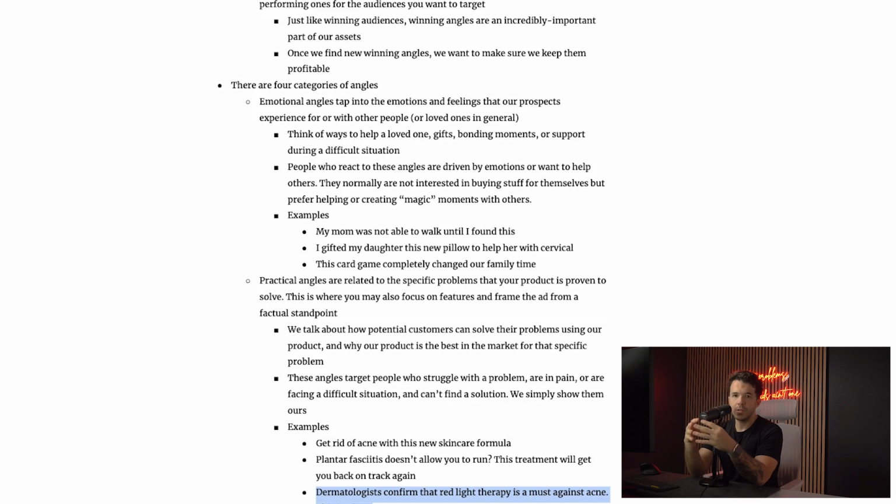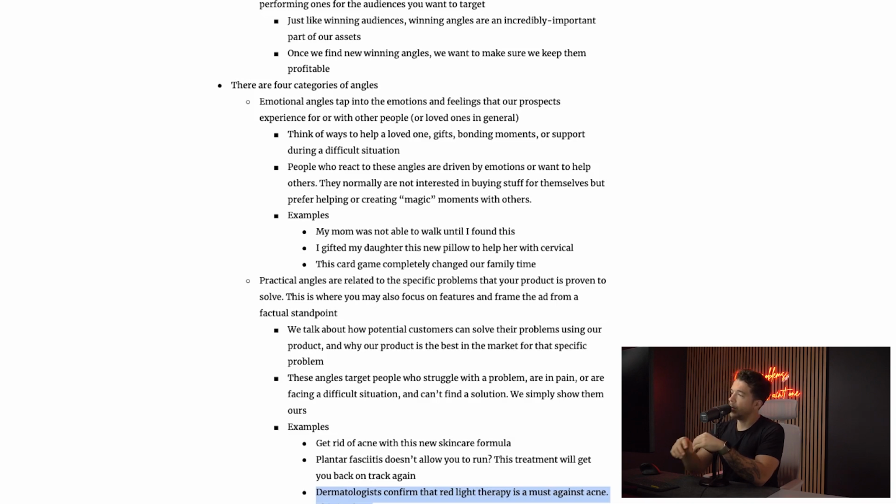Obviously, the same person can get triggered to buy, can get convinced by two different types of angles, but most of the time they tend to relate and respond better to one of the four. For that reason, here we are focused on the practical side, which is completely different compared to the emotional. They are on the other part of the feelings and facts axis.